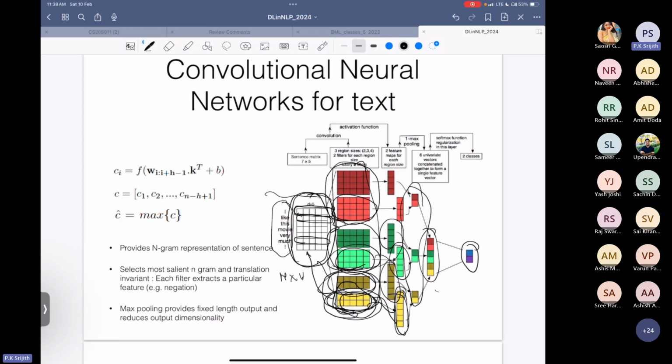If it is sentiment classification, it will be a positive class or negative class. So this is the sequence of operations which happens when you use a convolutional neural network for text classification problems. And this is a very straightforward application of CNNs that has been used for images, into text data.